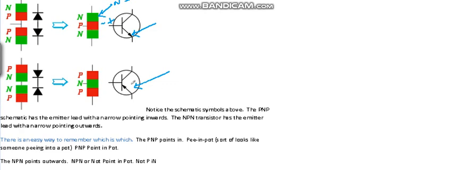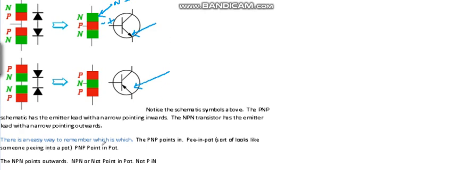So we've got the PNP, where the arrow points in. A lot of times you say, pee in pot. It kind of looks like a pot and somebody's peeing in the pot. That's an easy way to remember it. PNP points in, pee in pot.